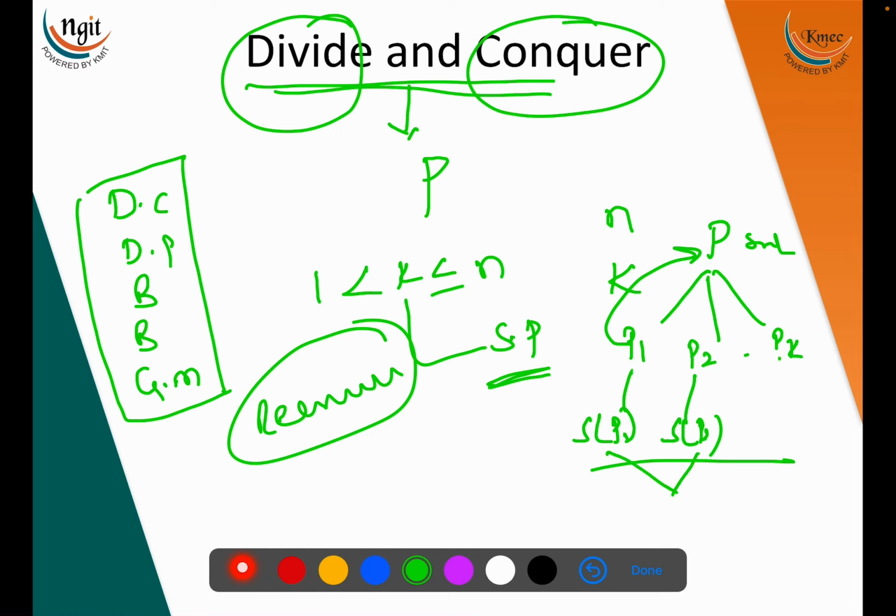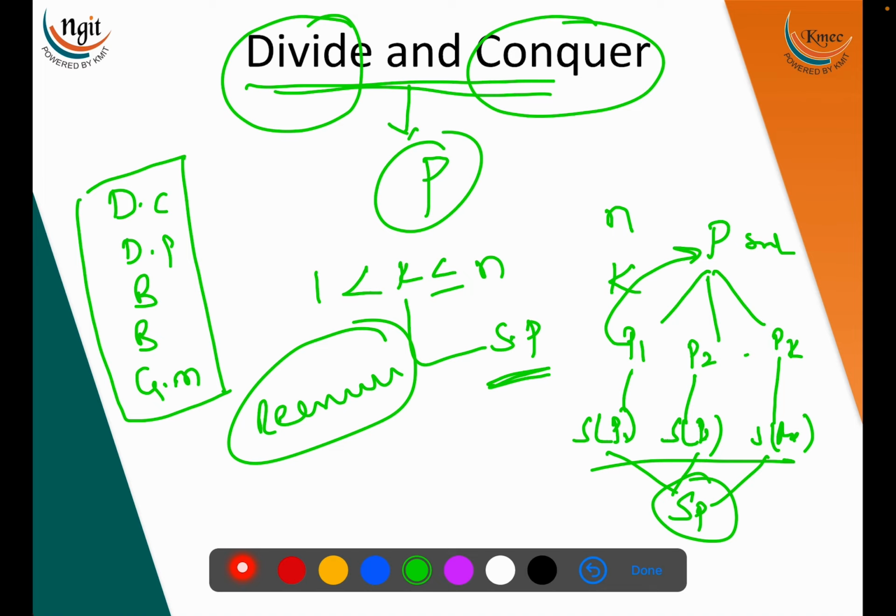After all these subproblems are solved, we'll combine the solutions to the whole problem. This is the basic idea: we divide problem P into a number of subproblems and find the solutions individually. Once you find the solutions, we combine them into the solution to the main problem. This is the idea of the divide and conquer strategy.